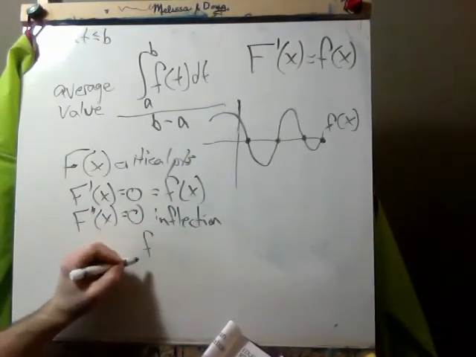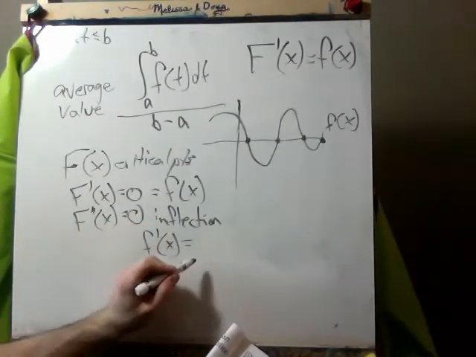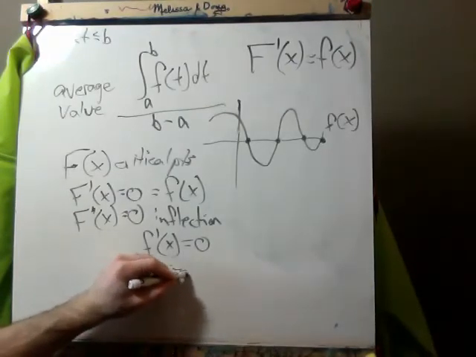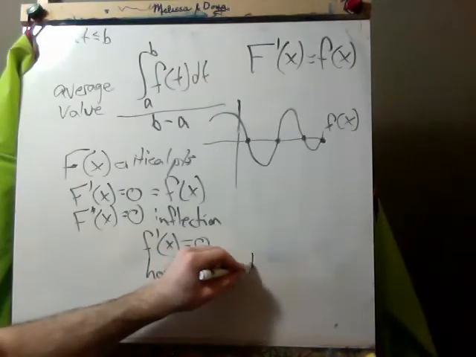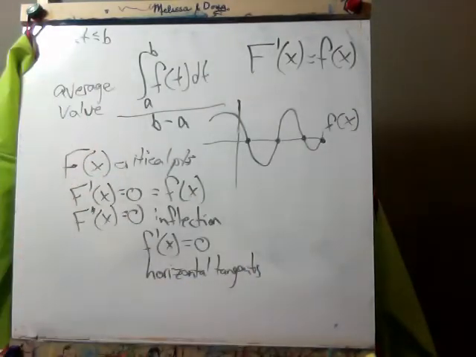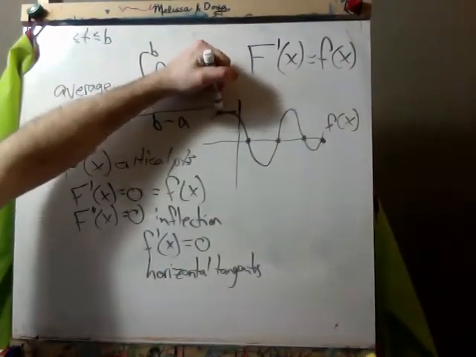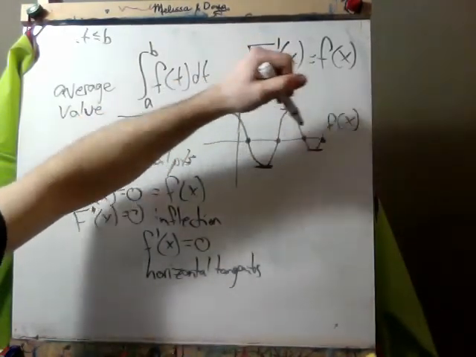That's also where the derivative of f of x equals 0, which are just the horizontal tangents, or really local max or min. So we have a local max here, a local min here, a local max here, and a local min here.